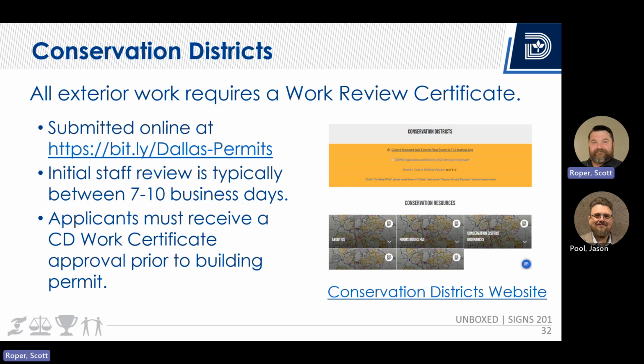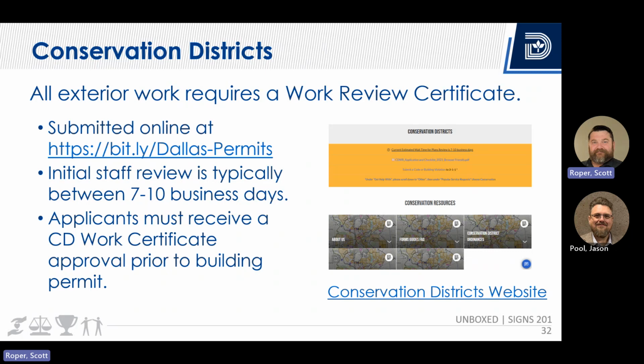But I did want to say that if you are going to be submitting your sign permit, the information that you would normally submit for a sign permit application is going to be the same type of information that we're going to want to look at in the conservation districts. We'll want to know the sign specifications, the dimensions, whether there is illumination, colors, whether it's attached or detached, pole sign or monument sign, blade sign, fixed sign, illustrations.